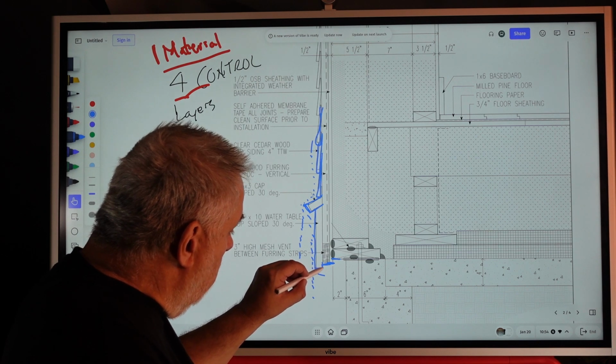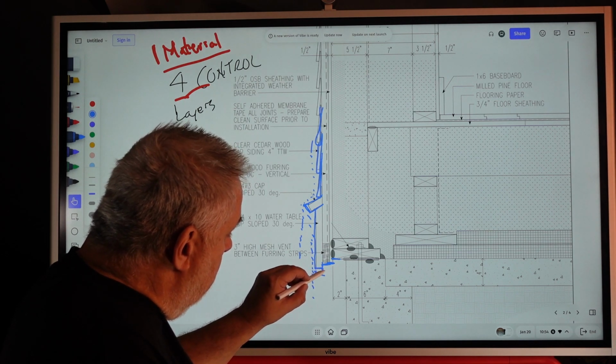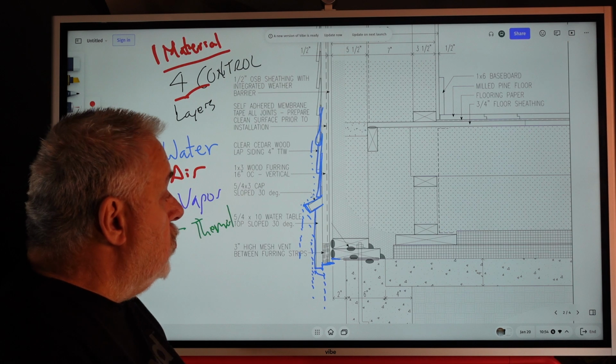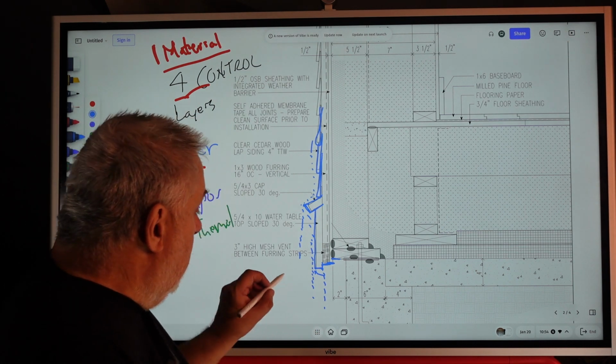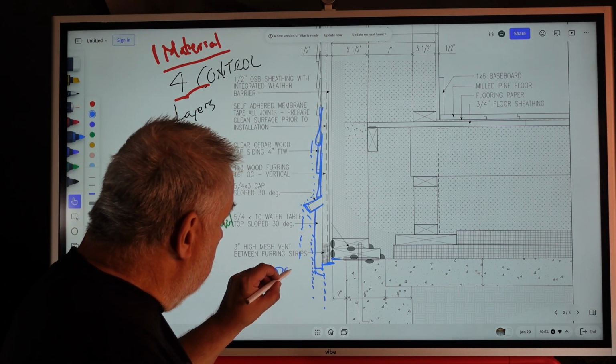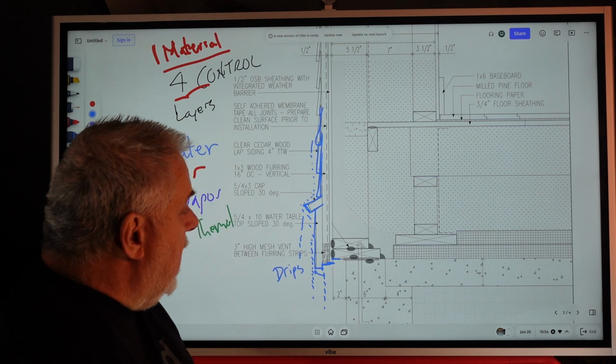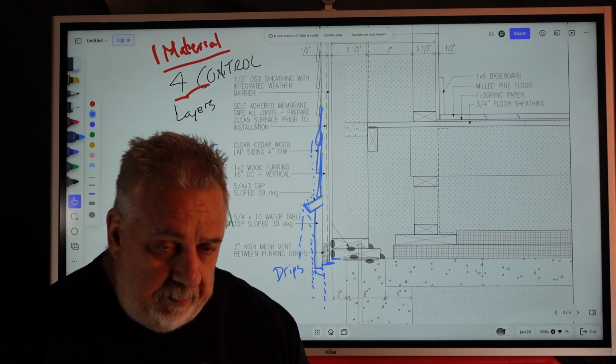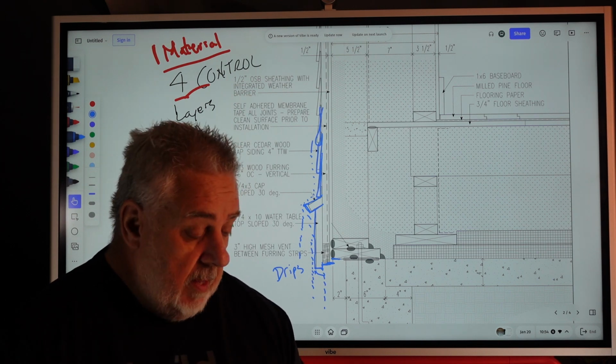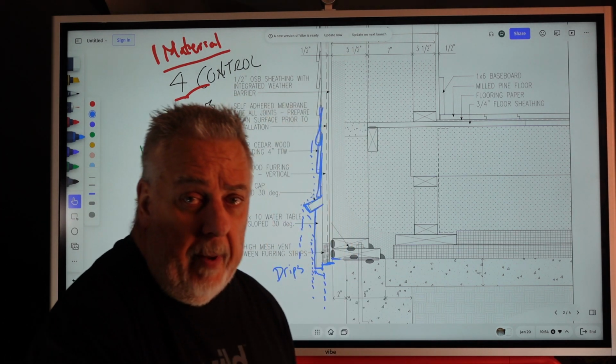If it did turn the corner, it would find that face and it would drip there. So we're providing a lot of, I call them drips. I know other people will reference them as the same, but that is the initial water management, right?